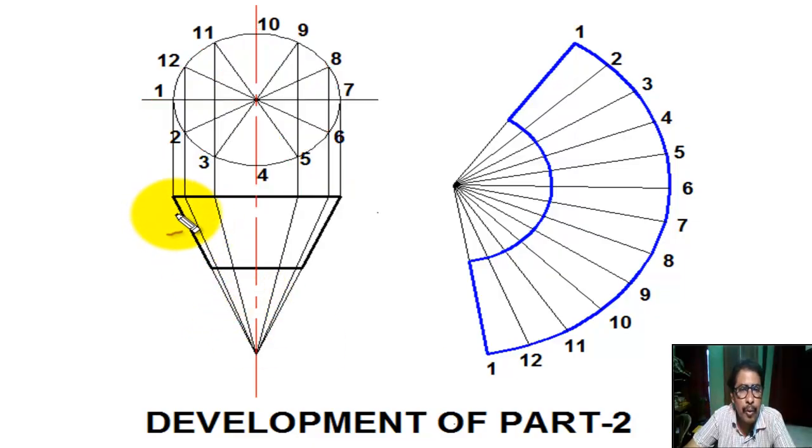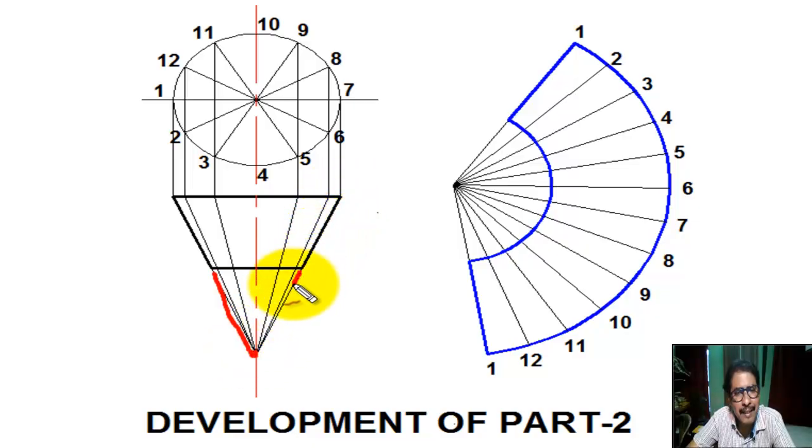Okay, now we join from this point, this point, this point, this point up to the vertex. First join this generator, we extend this generator up to the center line.